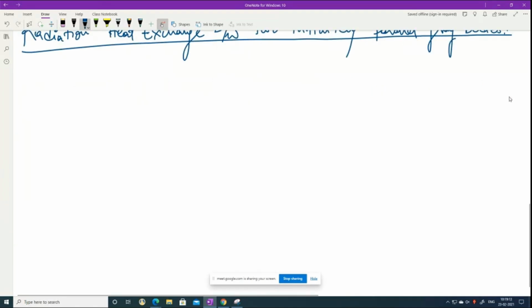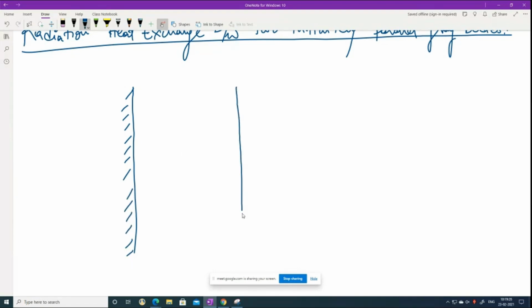For this, I will be taking two gray bodies here. This is my body 1, and here I'll take a parallel body, essentially a plate. So this will be body 1 and this will be body 2. Let me say that the temperature of this body is T1, this body is T2, and the absorptivity of this body is alpha 1, absorptivity of this body is alpha 2.